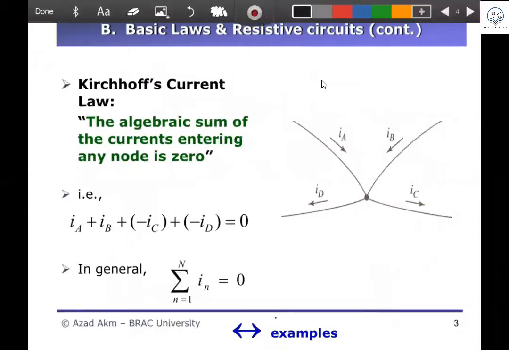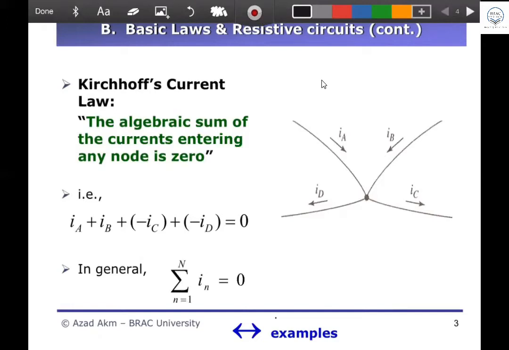You know that it is the algebraic sum of the currents entering at any node is equal to 0. Look at this diagram. It is a node point of 4 currents coming from 4 branches.